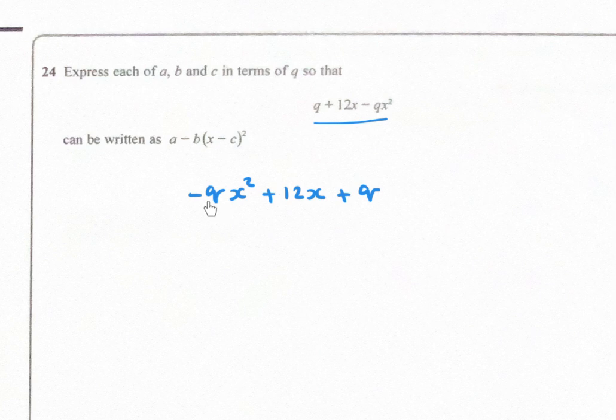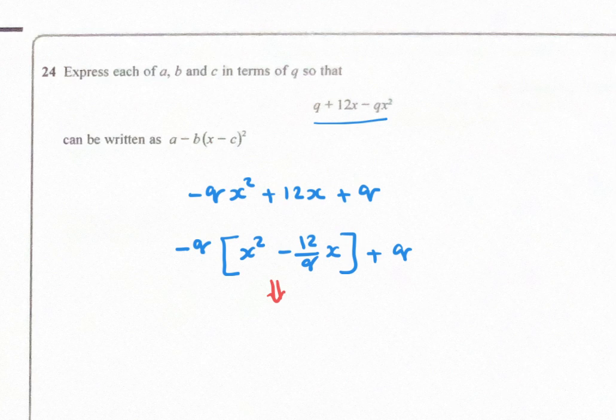Now take the coefficient of x squared common, so negative q bracket: negative qx squared divided by negative q, so x squared; 12 divided by negative q, so negative 12 over q x; now plus q outside.